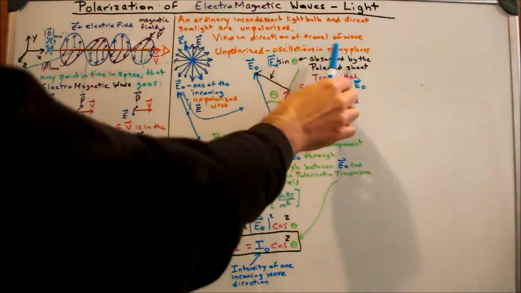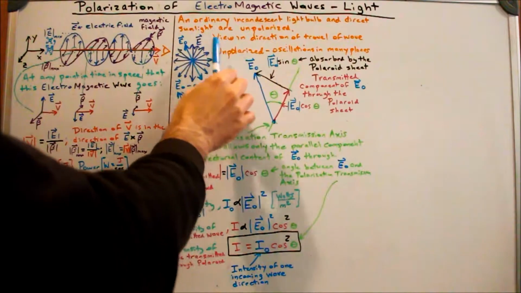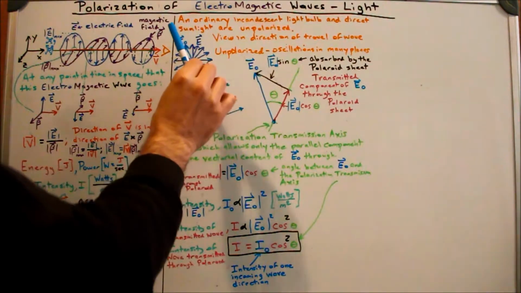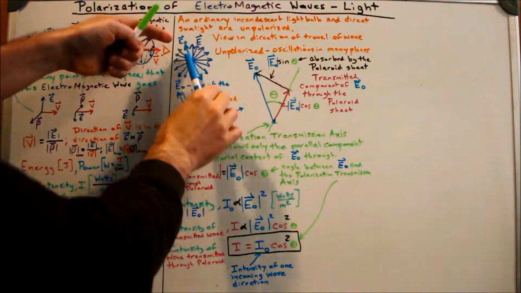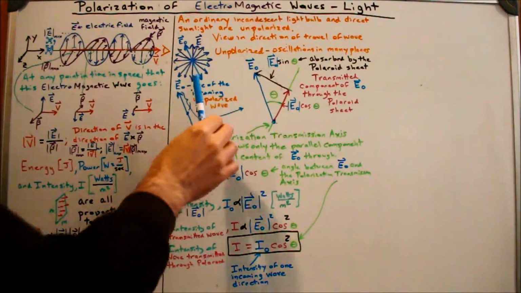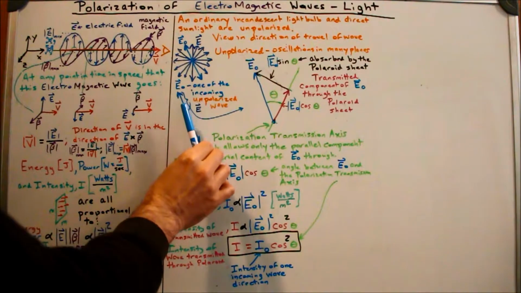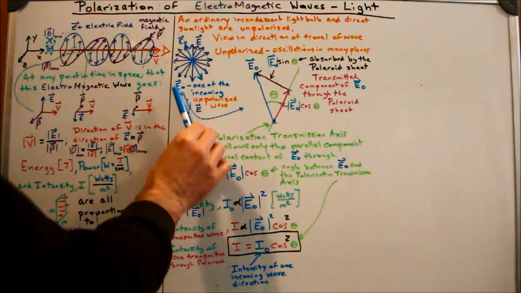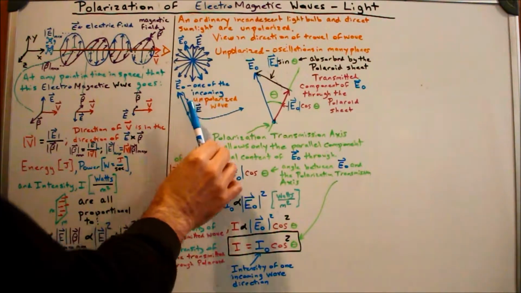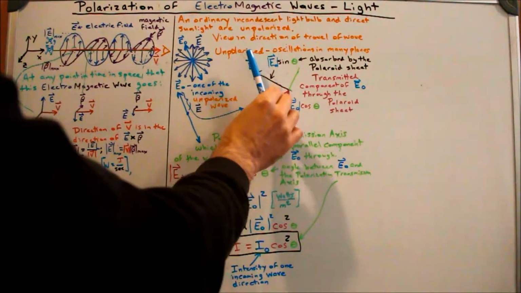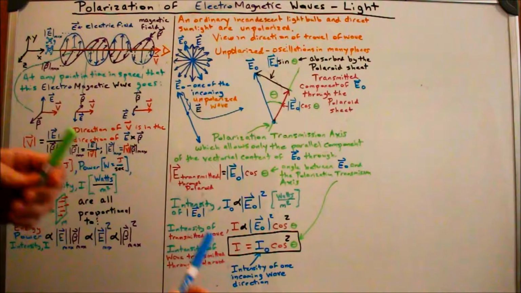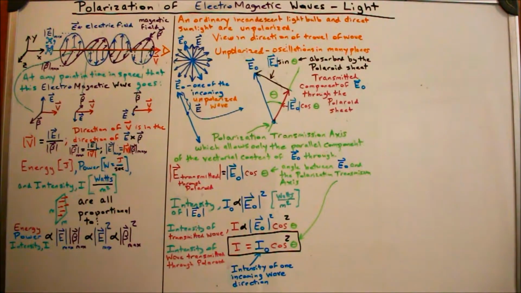And from the many planes of this oscillating, unpolarized incoming light, we're going to select one singular electric field direction. I've shown that as a lighter color blue, and we'll put it right here. So that's one direction of an oscillating electric field, and I'll just show the amplitude and put it over here. There's my singular electric field oscillating, and we'll introduce a new concept called a polarized sheet.